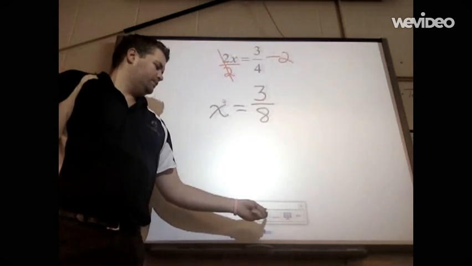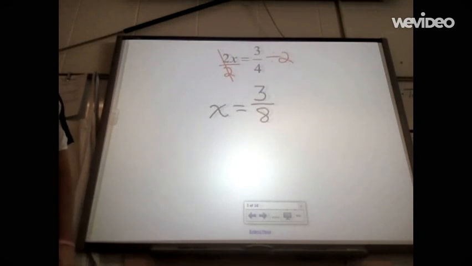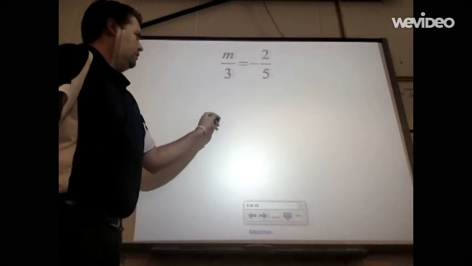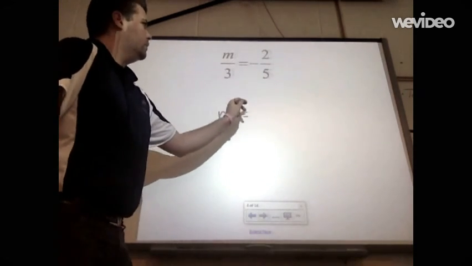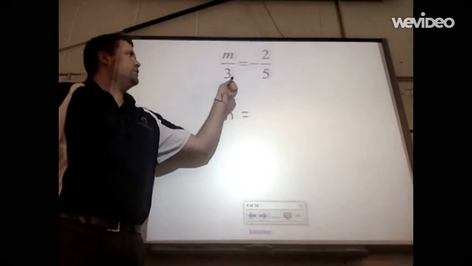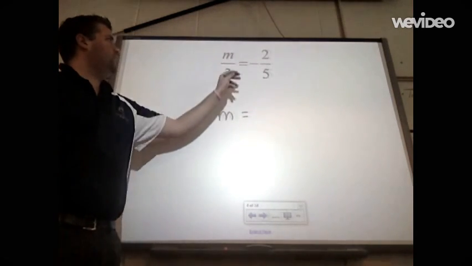The next one. Okay, m's on top. So this is only a one-step problem. So you'll get m down here by itself. You're dividing by 3. So how do you move the 3 from left side to right side? Multiply. Do the opposite.